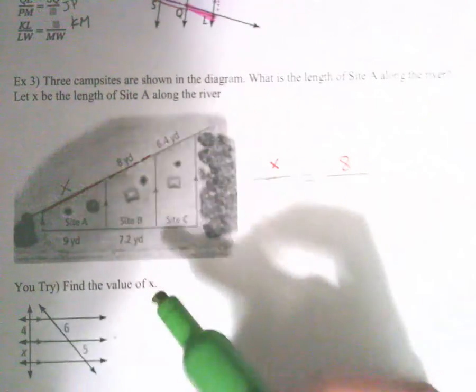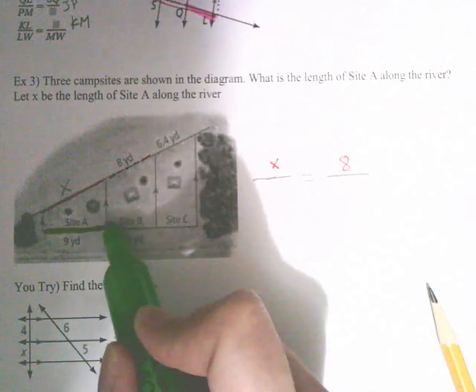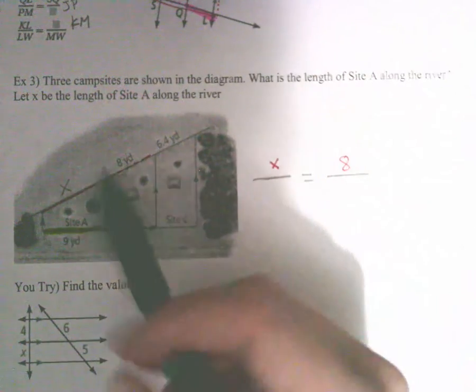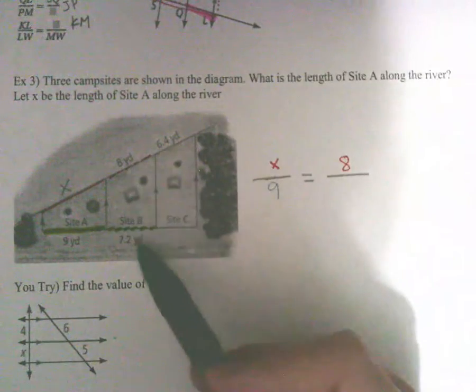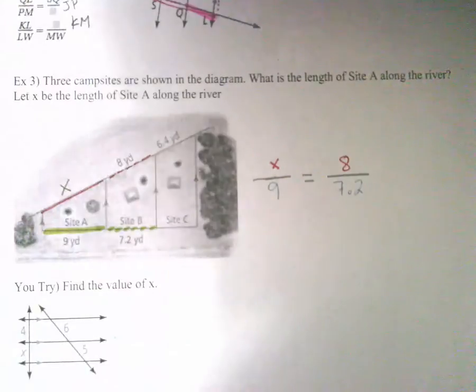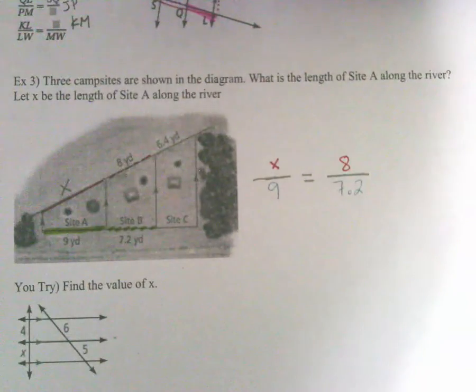And that would be these two values that we would put underneath each one of those. So X over 9 and then 8 over 7.2 could be a proportion that we use.